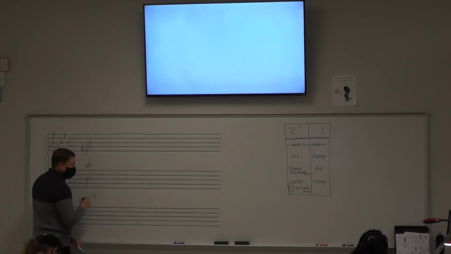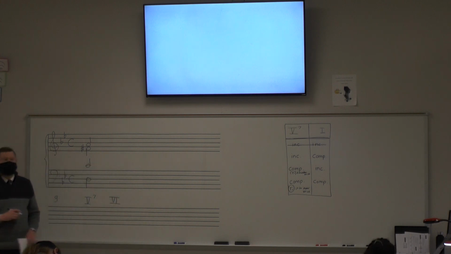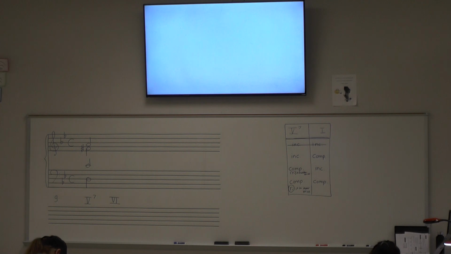Now, we talked at length about how to part write 5/7 to root position 1 last class. But we have not talked about how to resolve a 5/7 deceptively. We expect 5/7 to go to root position 1. That's its normal motion, its normal destination. But once in a while, 5-7, just like the triad itself, can go to 6.